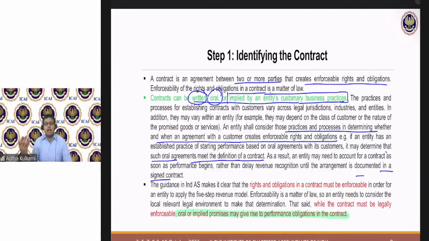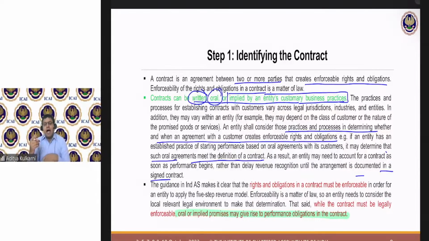So your agreement, your invoice does not specify warranty as an obligation. But you have always given a 1-year free warranty to the customers. That has been your business practice. That is why people are coming to you. So now this 1-year free warranty that you are giving, any repair that happens to the AC, any change that needs to be done to the parts, you do it free of cost.